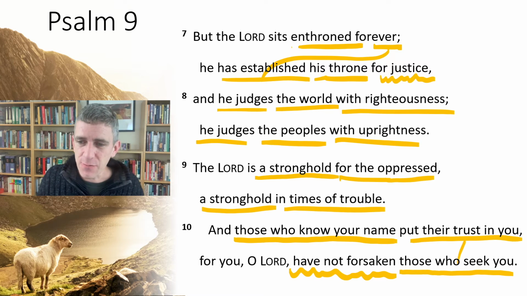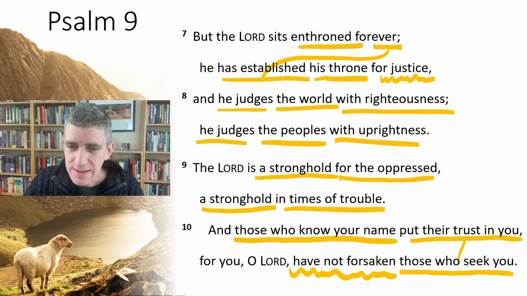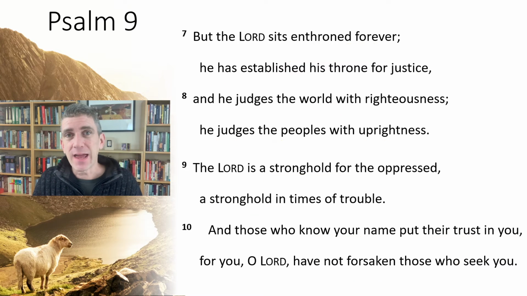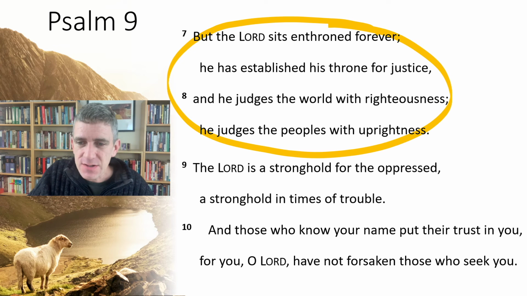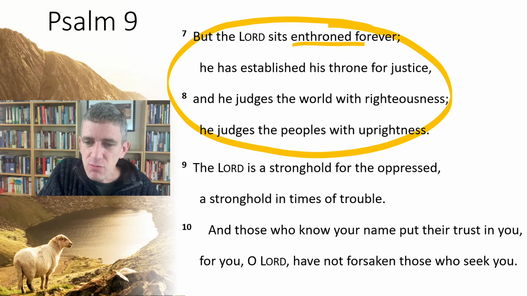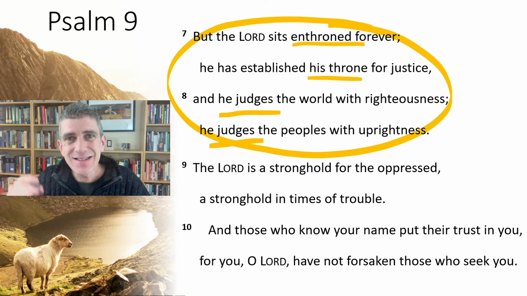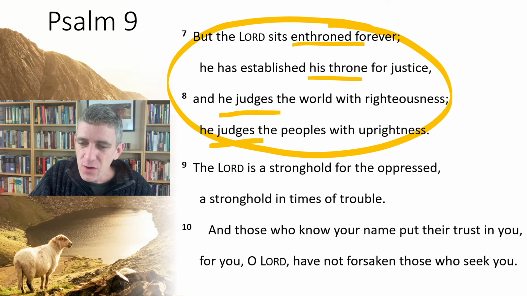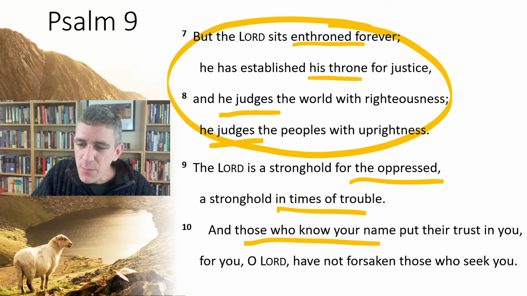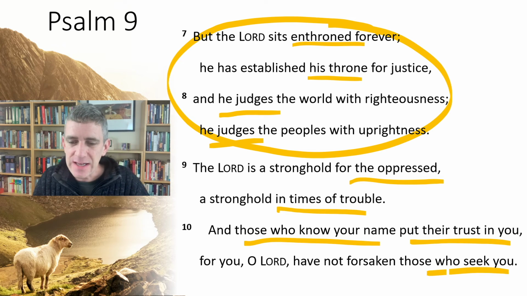And there's other types of parallelism that we'll see later on. But in terms of application, just keeping our focus on these 8 lines here, notice how the first 4 are working together to speak of God's enthronement and justice. He's in charge. And there's benefit for those who are oppressed in times of trouble, the ones who know him, who put their trust in him, who seek him.